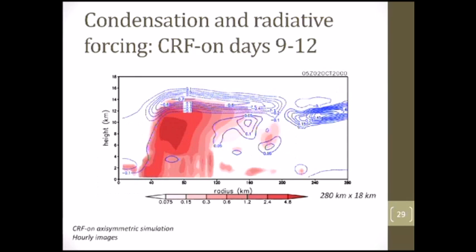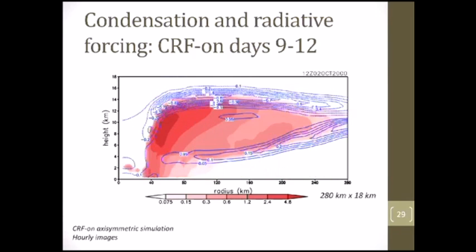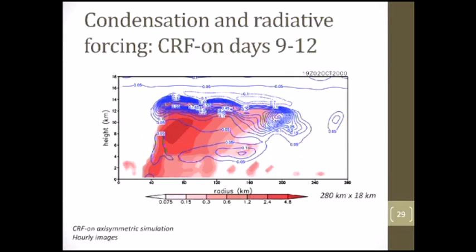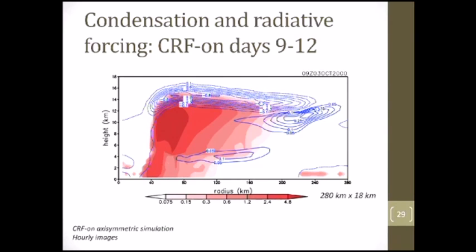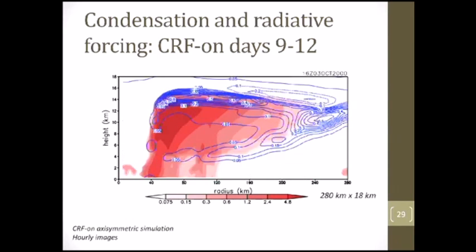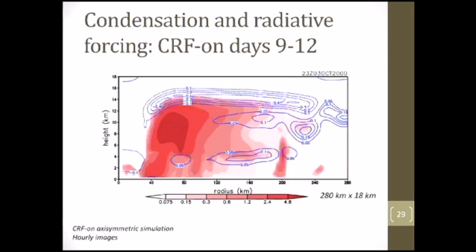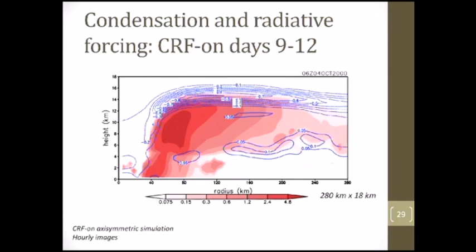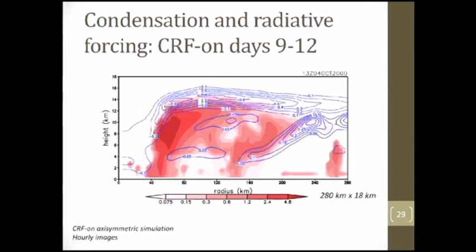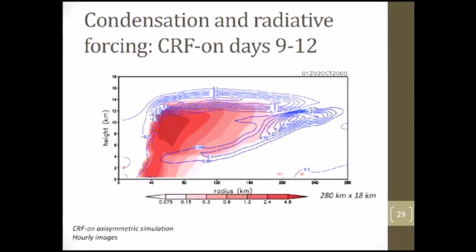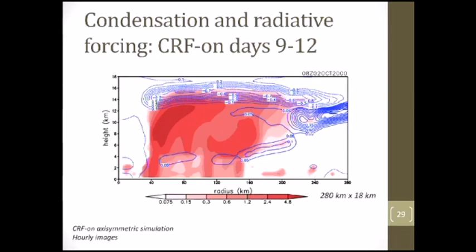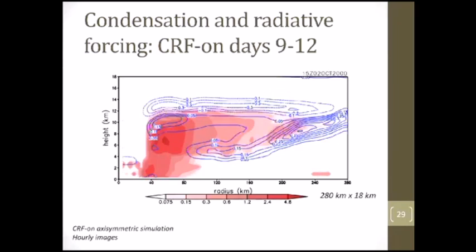Okay? What you're looking at here is a movie loop of the condensation field, which is color shaded, and the net radiation field, long wave plus short wave, which is contoured, over a 3-day period from the axisymmetric simulation. Okay? So you are seeing basically the combination of long wave and short wave. Each frame is an hour. Okay?